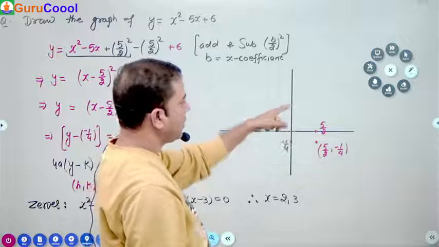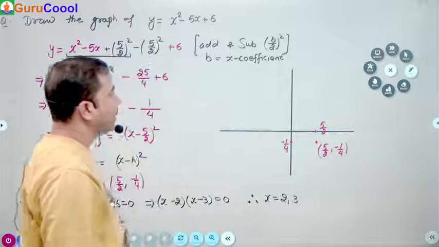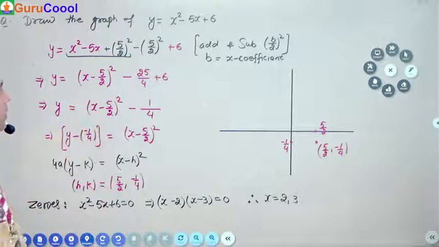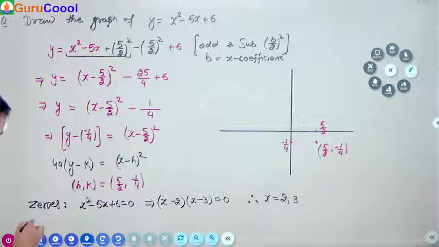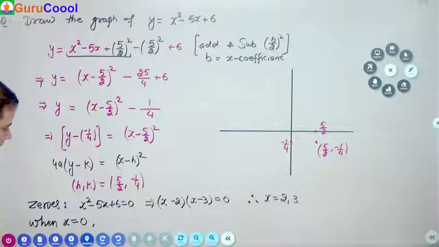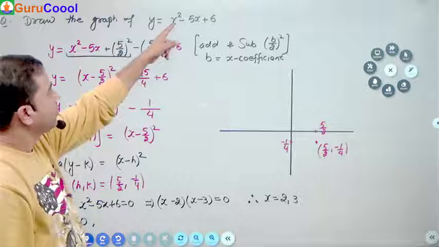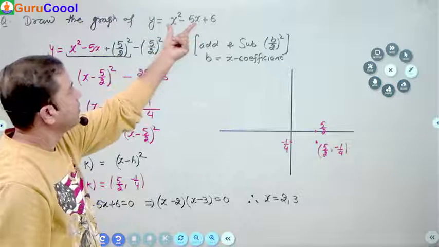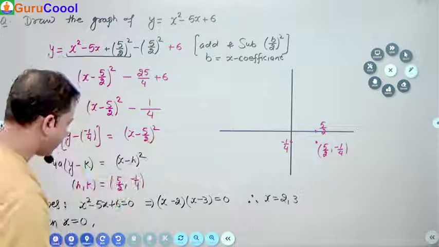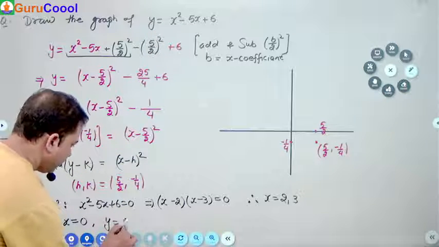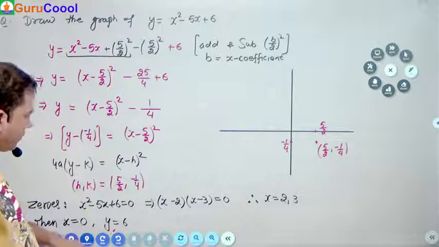Now let us know where it crosses the y-axis. For that we have to put x equals 0. When you put x equal to 0, the first term and the second term both become 0, and y is equal to 6. So the y-intercept of this parabola is 6.